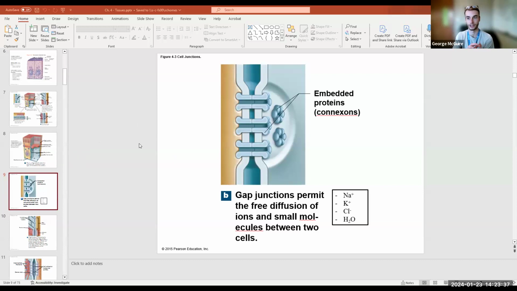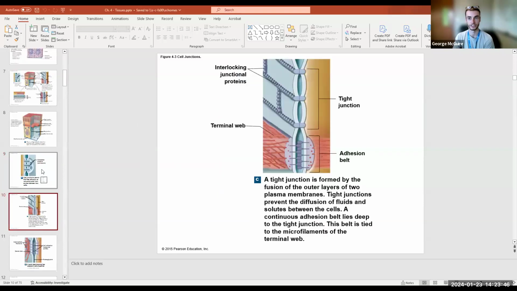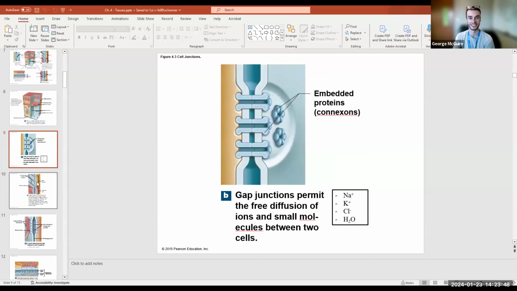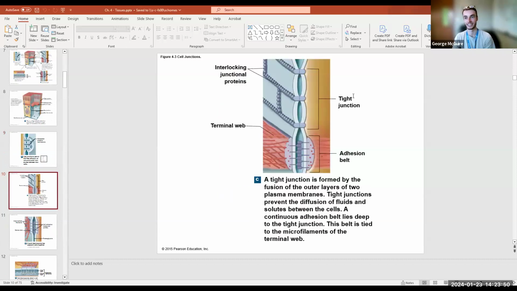That would be the part that I would hope you know about gap junctions. And then a tight junction does not. A tight junction is completely tight and actively prevents diffusion as much as possible by basically being like a stitch holding those two tissues together.